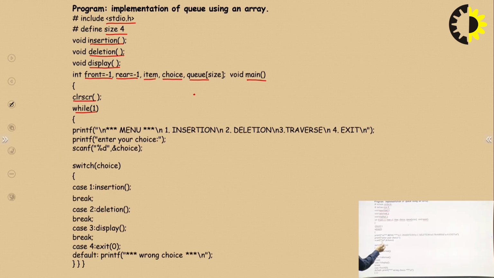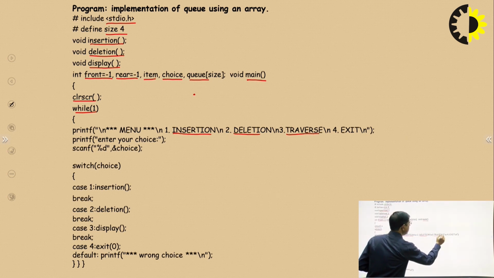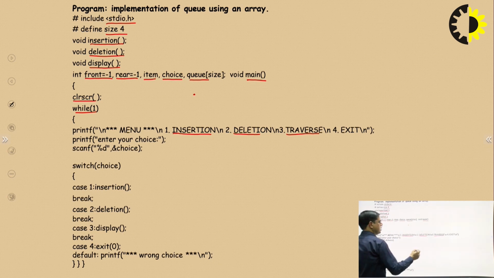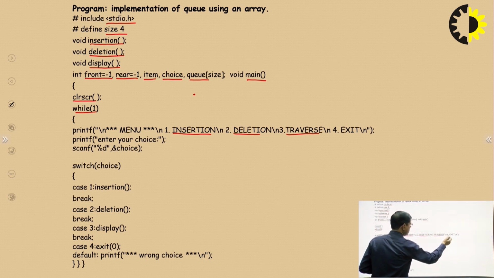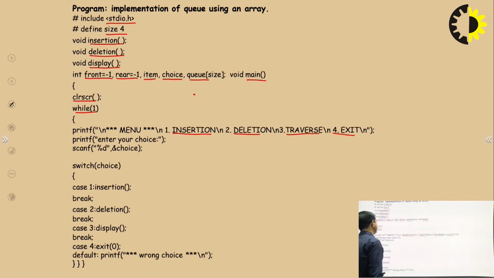We are putting choice 1 for insertion, choice 2 for deletion, choice 3 for displaying the elements, visiting each element exactly once. If we have done all the choices, then to exit the program we use choice 4. If you enter another choice, it will be wrong. For example, initially we write enter your choice, and you can enter from 1 to 4.